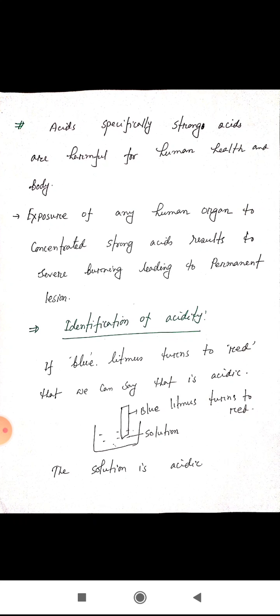On the other hand, with bases, the red litmus turns blue. In this case I am talking about identification of acid, so we use the blue litmus. If the litmus turns red, then we can say that this solution or object is acidic. So if blue litmus turns red, that is acidic. So the solution is acidic.